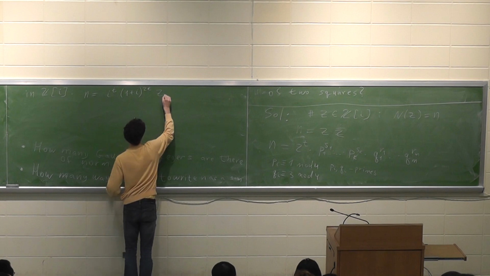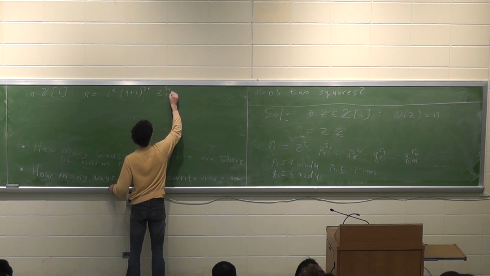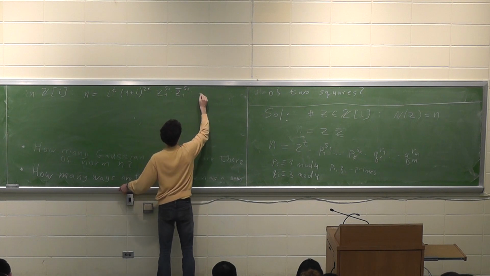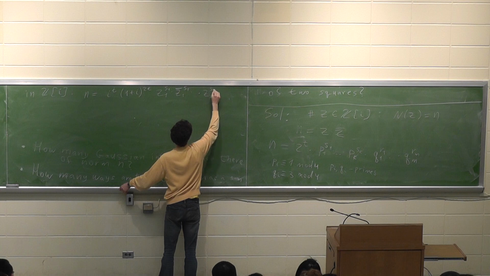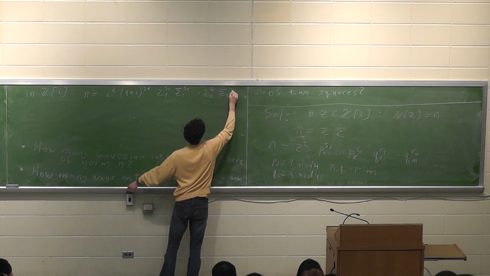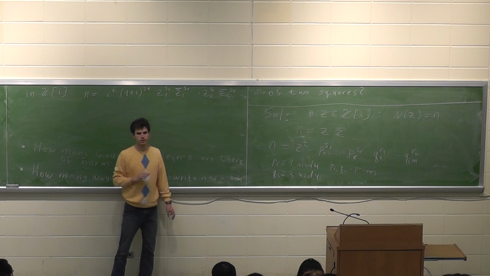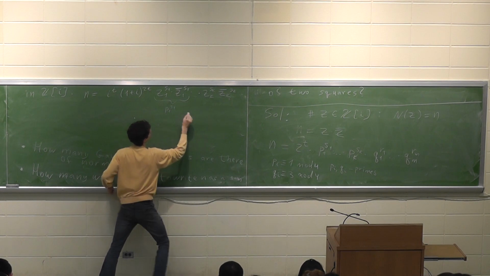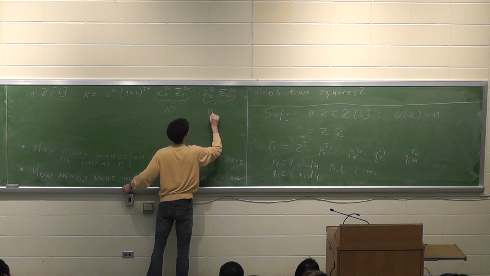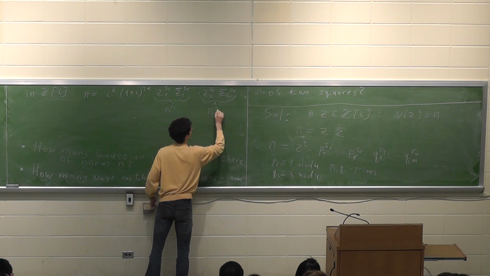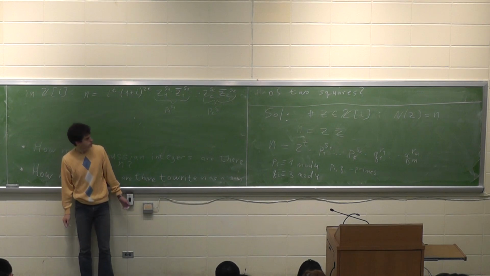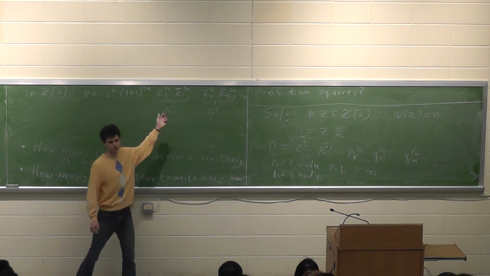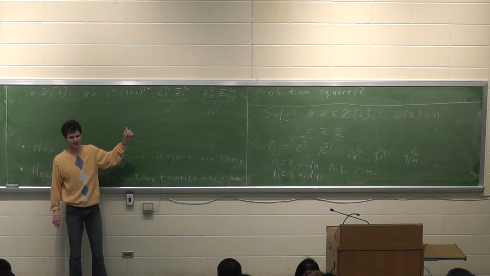So it's like this: z1 to the power s1 times z1 conjugate to the power s1 times and so on times zk to the power sk, zk conjugate to the power sk. So this is p1 to the power s1, this is pk. Well, I use z, but not z1, z2. So I guess it's okay.